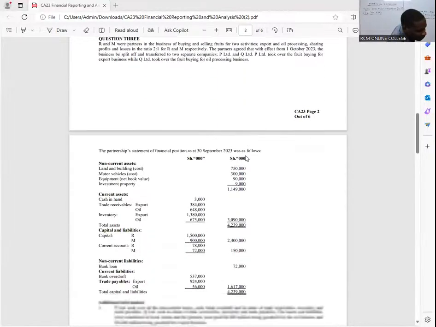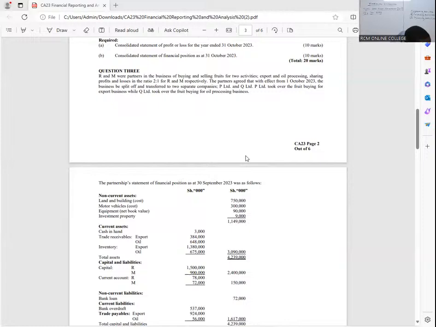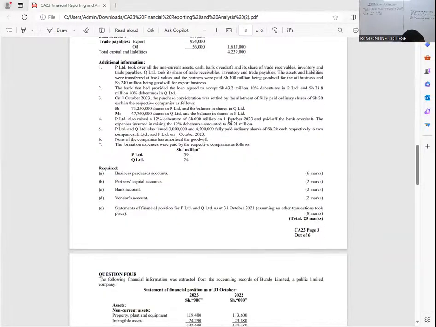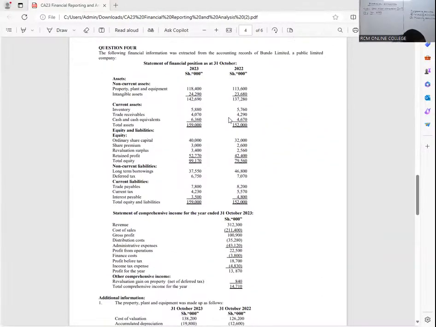Question number 3, I think this was a branch. Partnership. Okay, that's partnership. Now here we are. This is the elephant in the house.